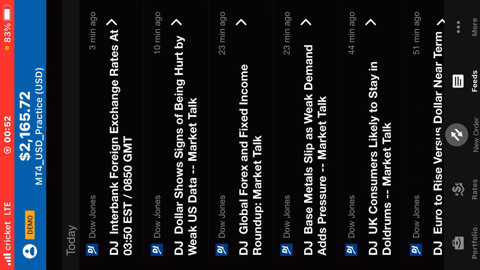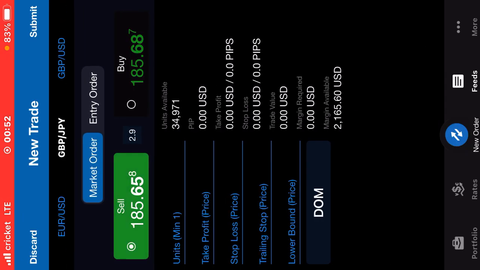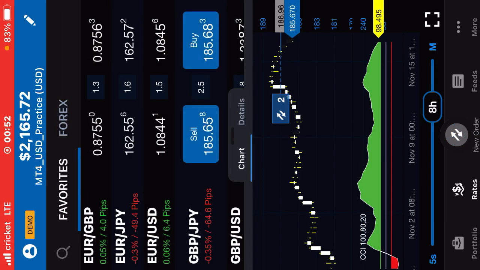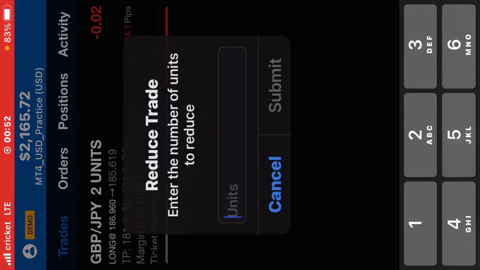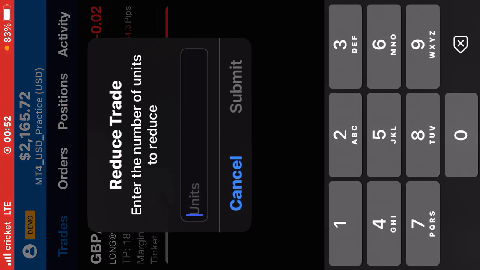But the thing is, I've been searching all around how to figure out where the money readout's at. Oh, this must be it. And so it's down here under portfolio.